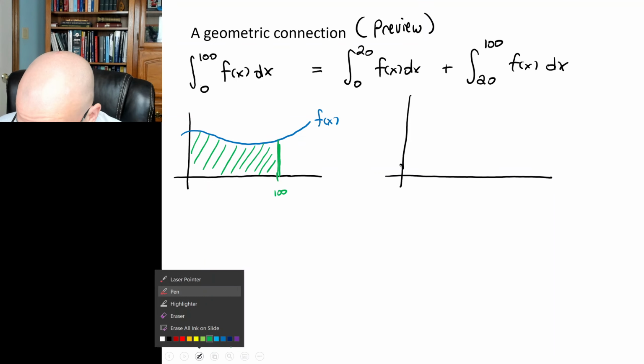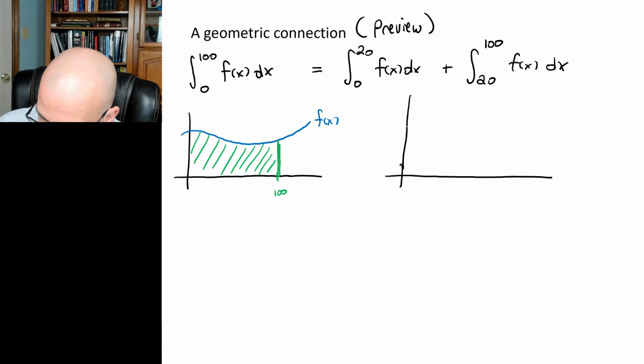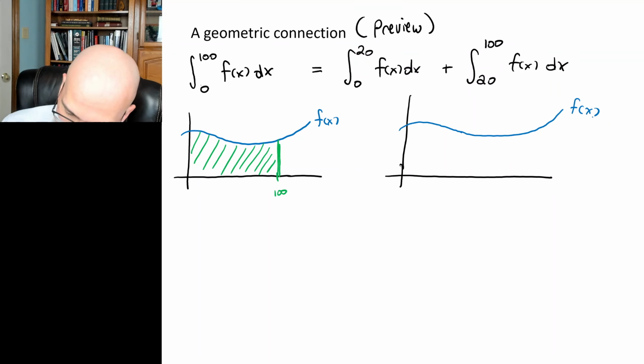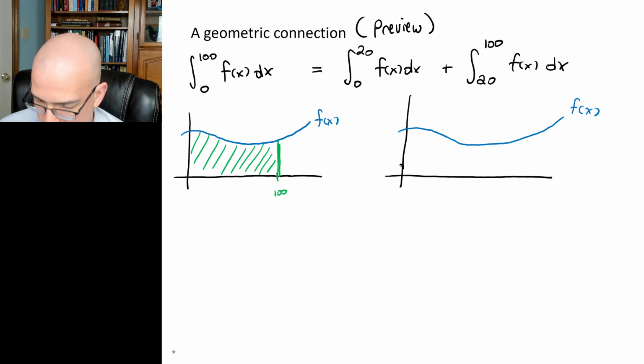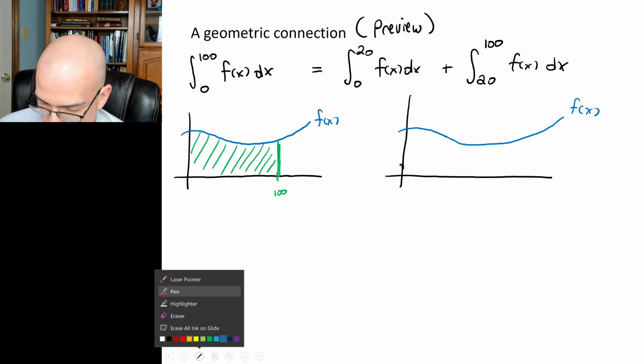And then I'll draw the same function over here, the best I can, at least. Well, that's not the best I can. I can do a little better. I am trying to make it look the same. Okay, that'll have to do.